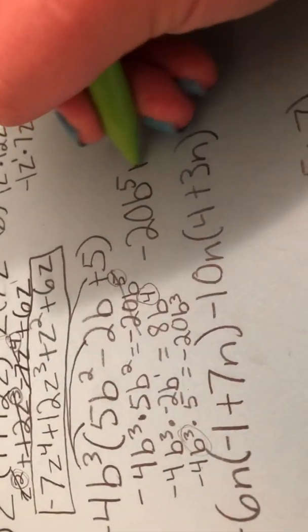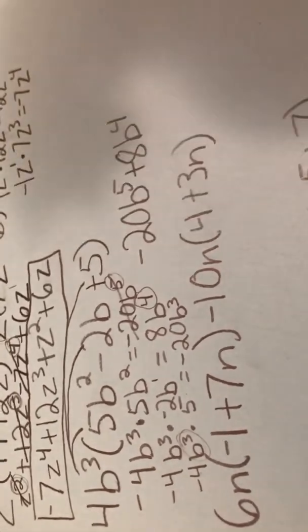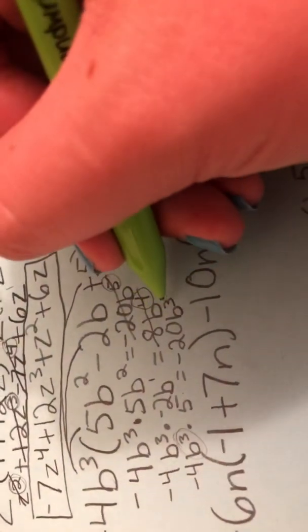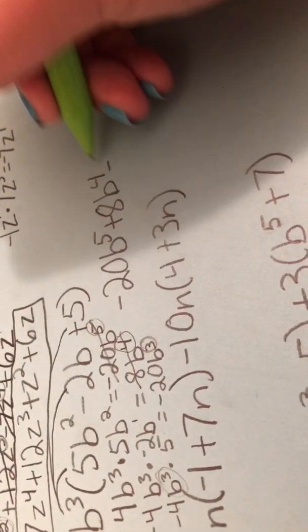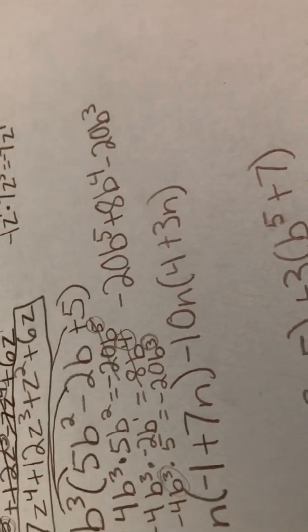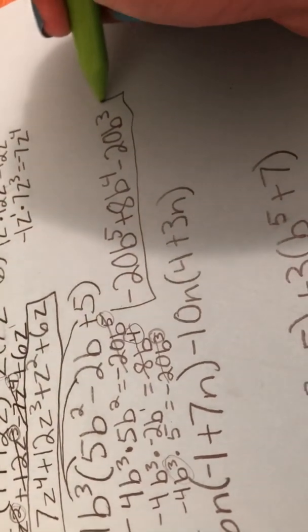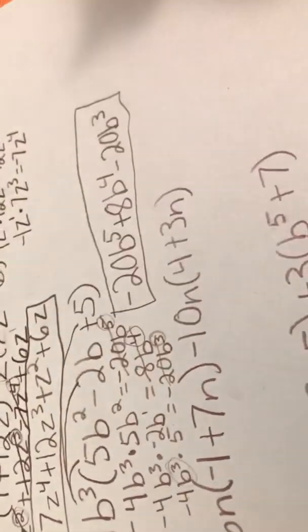So we would have positive 8b to the fourth. And then our smallest exponent is 3. So we're going to have minus or negative 20b cubed. And that would cancel out, and we don't have anything else to combine. So there's our answer.